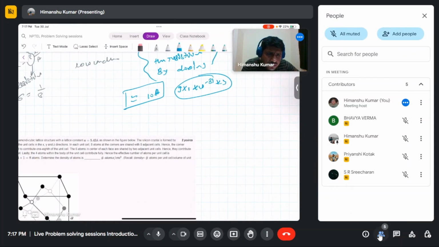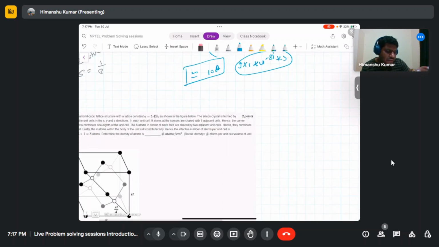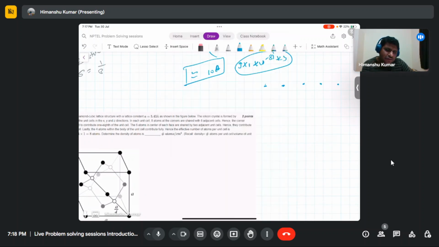So to describe a crystal, you need to consider a periodic arrangement of atoms, and that potential is a Coulombic potential.